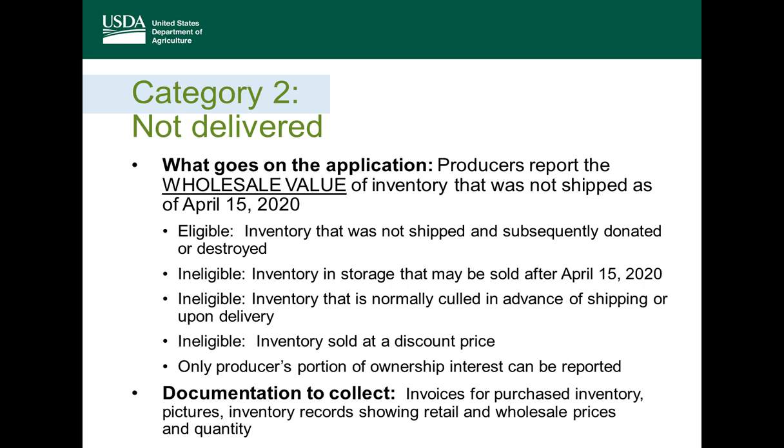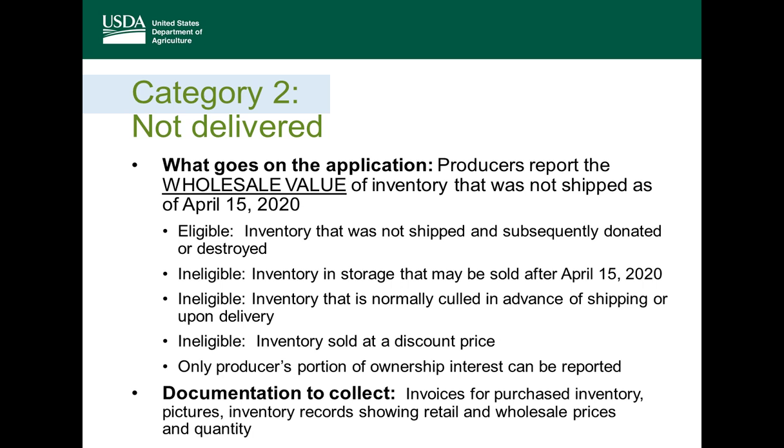Ineligible is any inventory that was in storage that may be sold after April 15th of 2020. Also ineligible is inventory that is normally called in advance of shipping or upon delivery, as well as any inventory that's been sold at a discount price. And once again, only the producer's portion of ownership interest can be reported. It's their interest that they have is all they can be paid on.